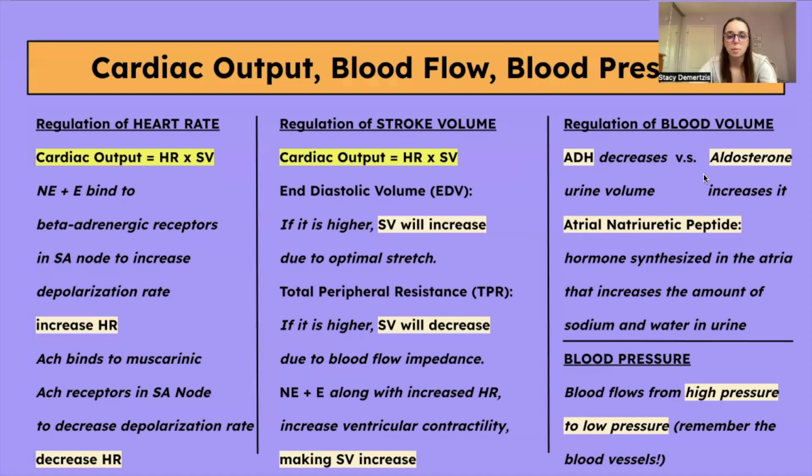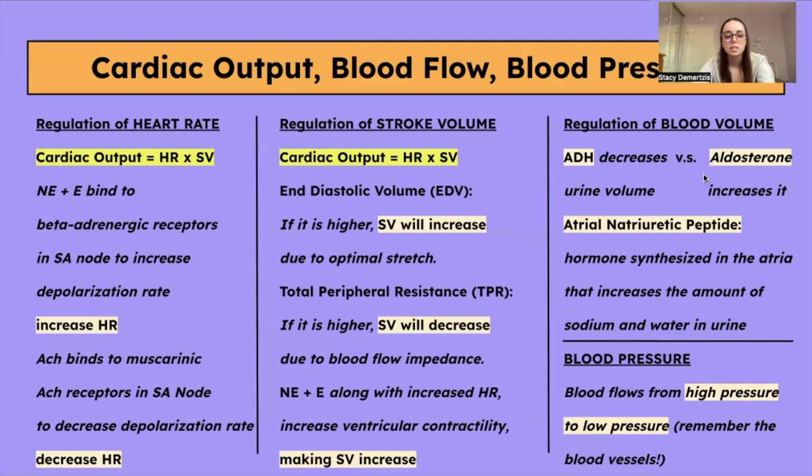Stroke volume, we talk a lot about end diastolic volume. So how much volume do we have at the end of diastole? If we have a higher volume at the end of diastole, the stroke volume will increase because we have more blood within the ventricle. And so in terms of cardiac output, it has more to pump out.